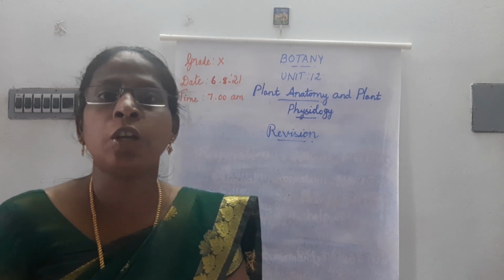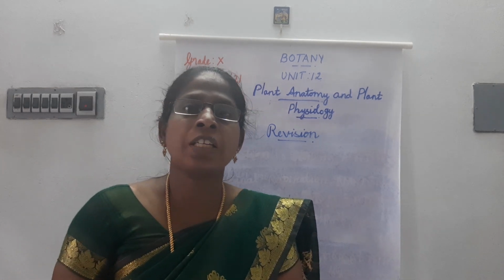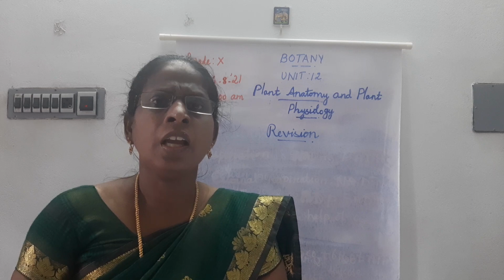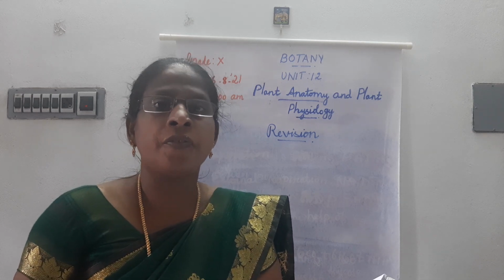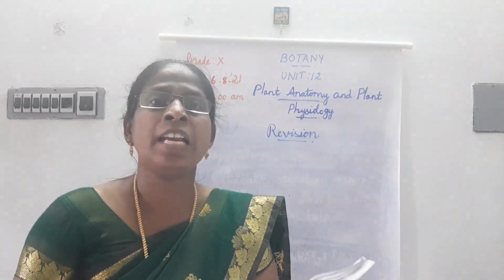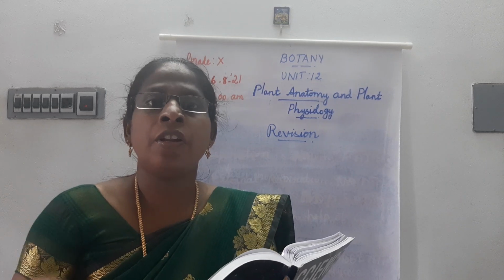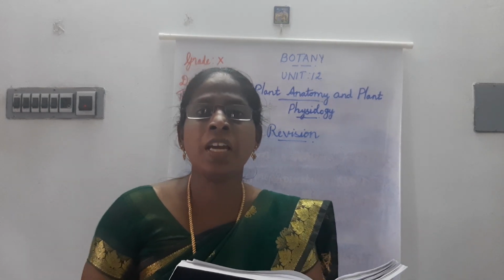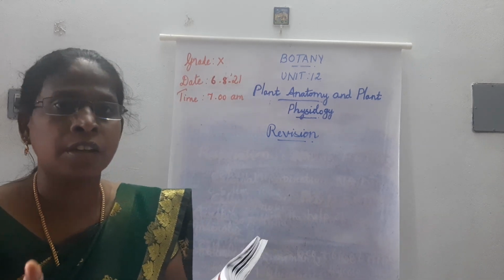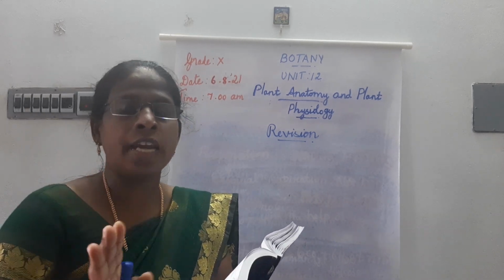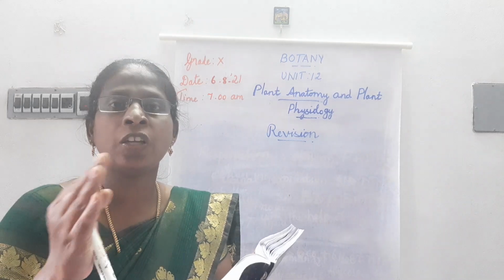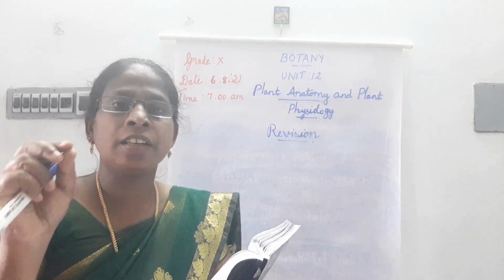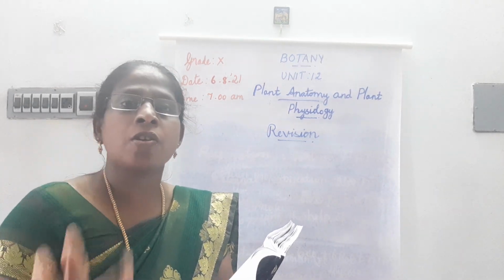See, very important 2-mark question. Respiratory quotient is the ratio of volume of carbon dioxide liberated and the volume of oxygen consumed during respiration. During respiration, you should write. Very important. See, many students are not writing during respiration. Okay, so you have to write.